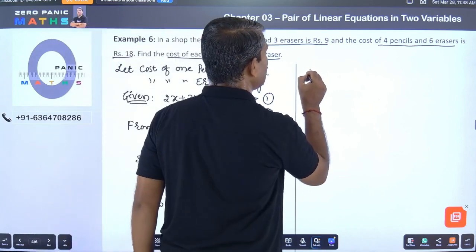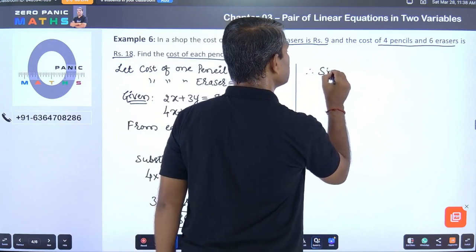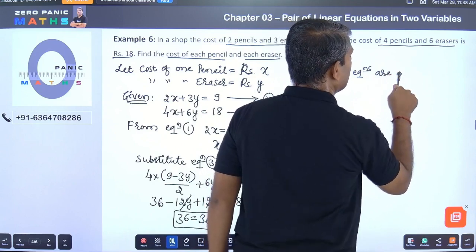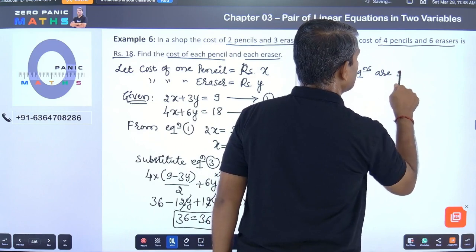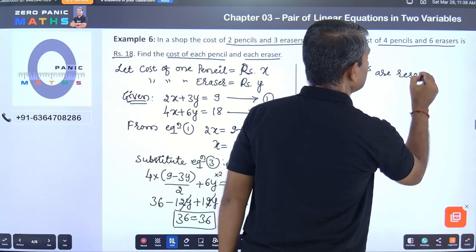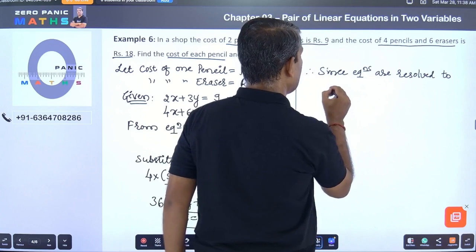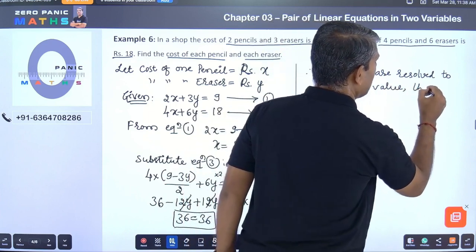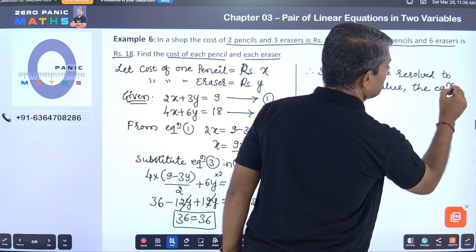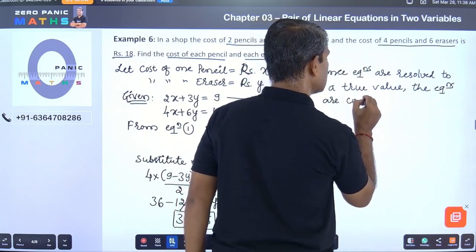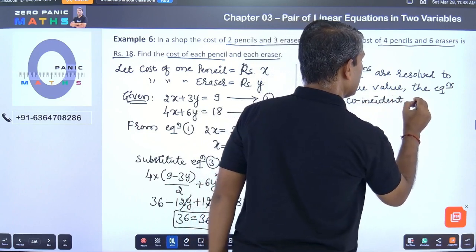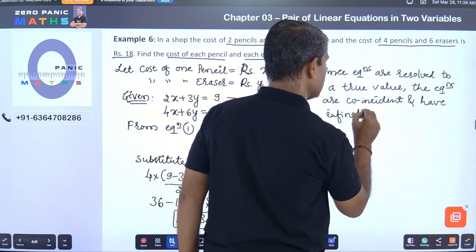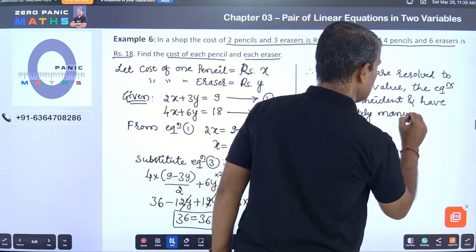Okay, so let us write that as a conclusion. Therefore, since the equations are resolved to a true value, the equations are coincident and have infinitely many solutions.